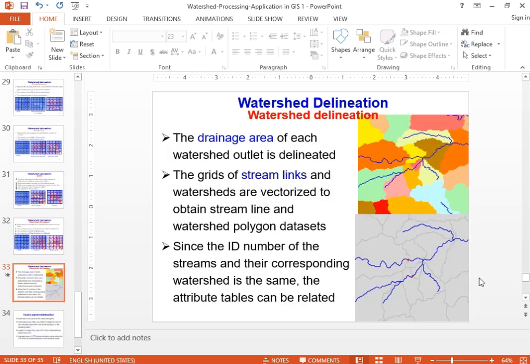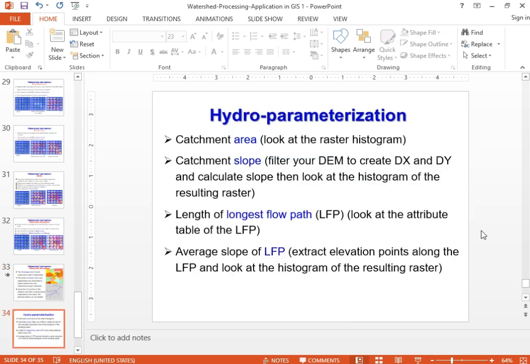Finally, we may have different polygons that contribute to some watersheds, and those are the streams. The drainage area of each watershed outlet is delineated now, and the grids of the stream links and the watershed are vectorized to obtain streamline and watershed polygon datasets. So this is a way that you can delineate a watershed.